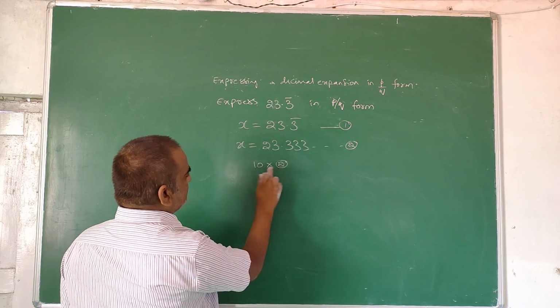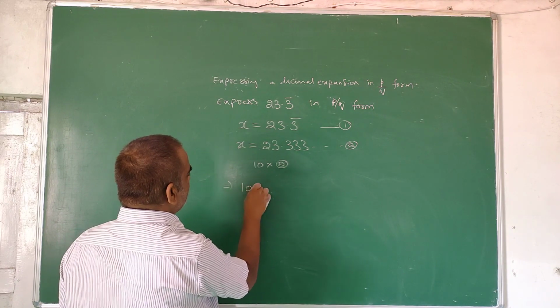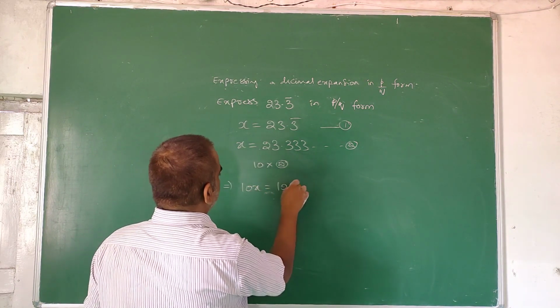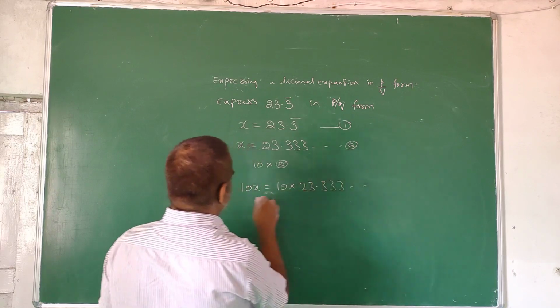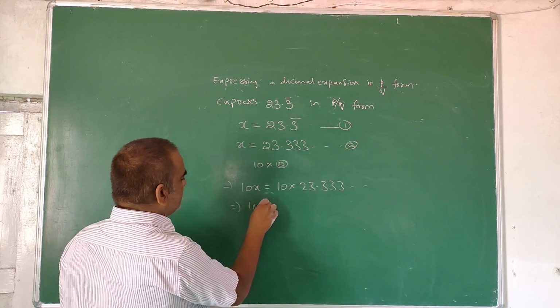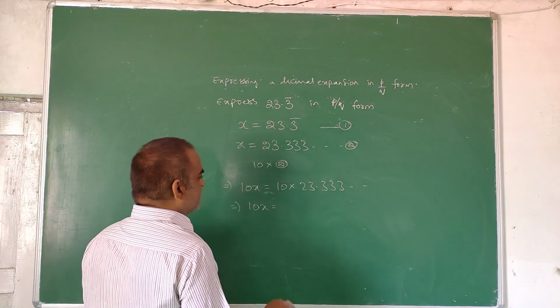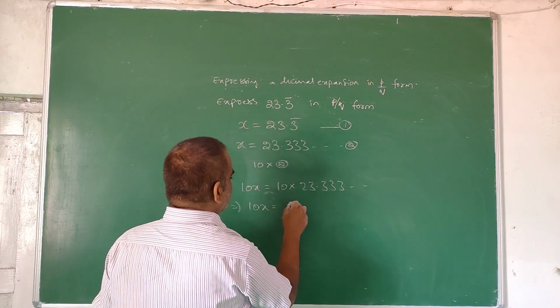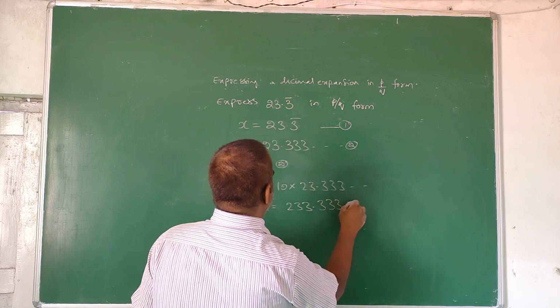So the equation 2 is multiplied by 10, and you get 10x is equal to 10 into 23.333 and so on. So this implies 10x is equal, as you are multiplying with 10, 1 digit will jump to the left side. So then it will become 233.333 and so on.